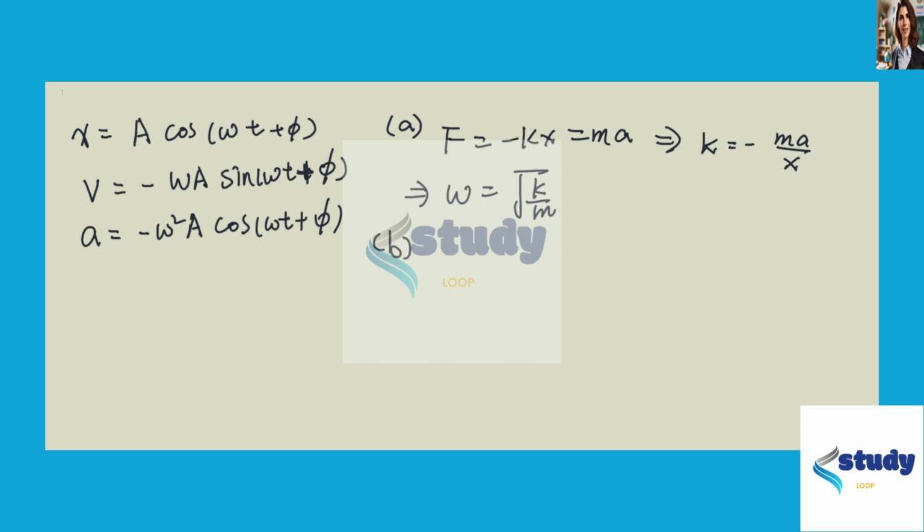For question B, the amplitude of the motion, here we can use energy conservation, right? So we know that the total energy is equal to the maximum potential energy, which is half kA squared, where we already know k from question A. And it's equal to, at any moment, the potential energy half kx squared plus the kinetic energy half mv squared, right?